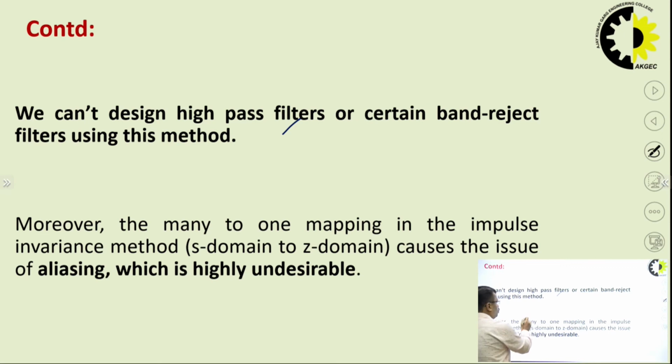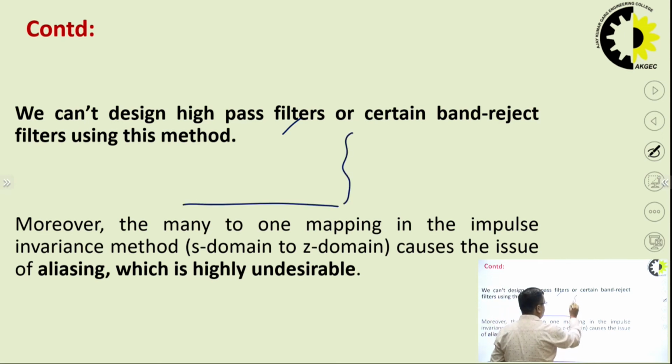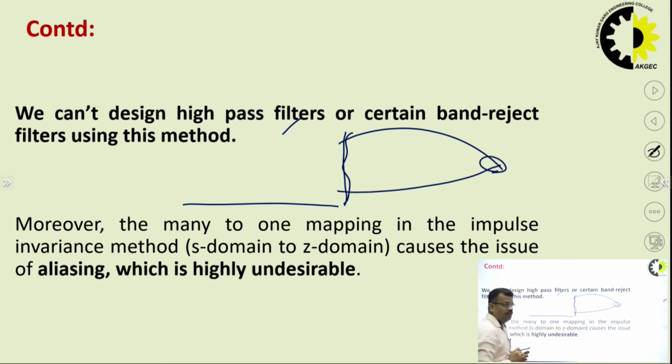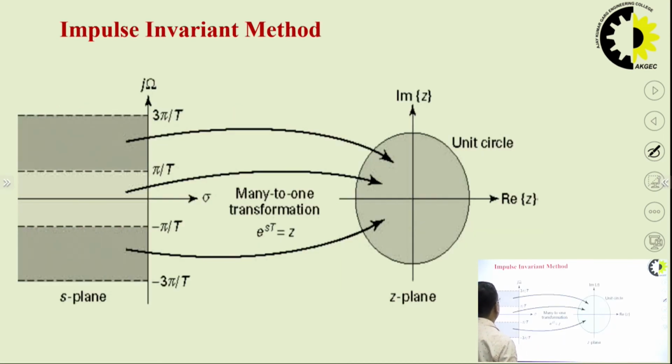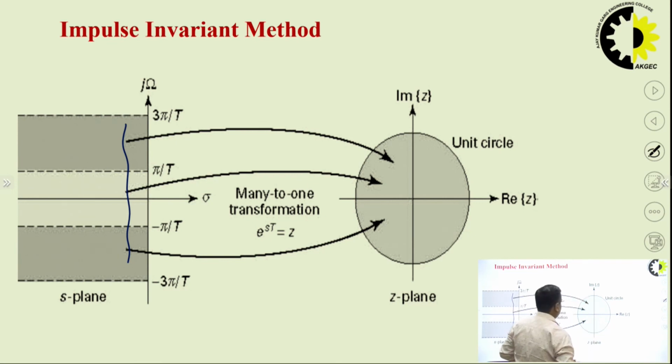Because of the many-to-one mapping. If distinct poles in the S plane map into a single point in the Z plane, they will overlap each other, and obviously aliasing will be there. That will be highly undesirable. So this is our limitation.